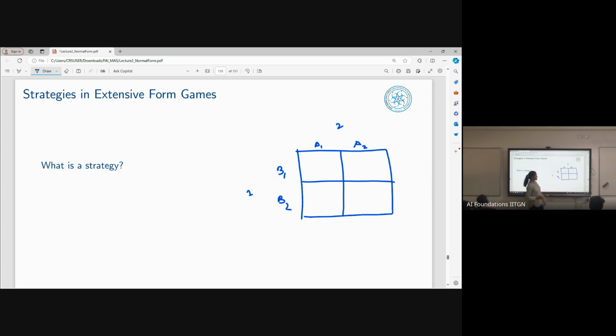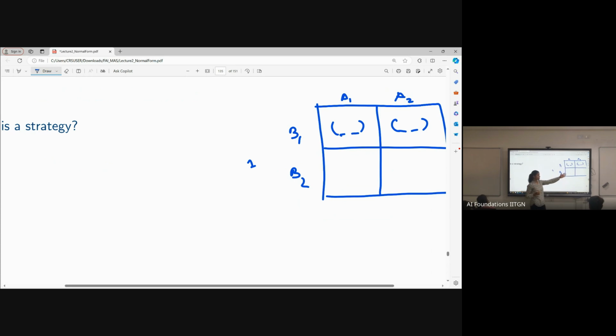Because of these actions, each of them got some utilities, and these directly led to a particular outcome. Made an action, got an outcome, after the other person also makes an action. But here in the extensive form game, if one player makes an action, you don't get an outcome; you have to wait for the action of the other player.